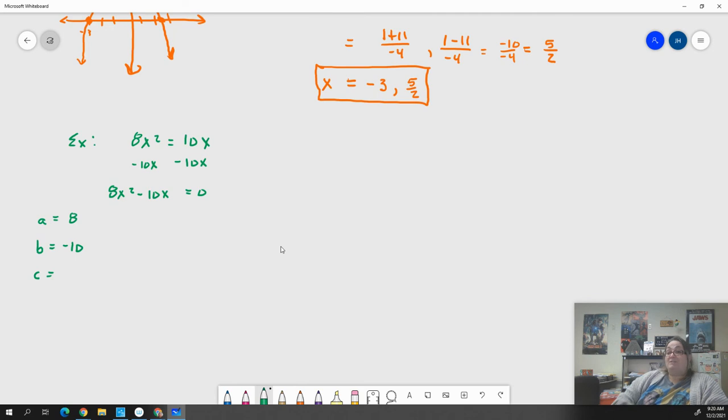I like the question mark, and you are absolutely right. We just make it 0. If there's no c value, we make it 0. The same thing if I'm working with something that doesn't have, say, a b value, like a 10x, like there's no x value, we would just make it 0.